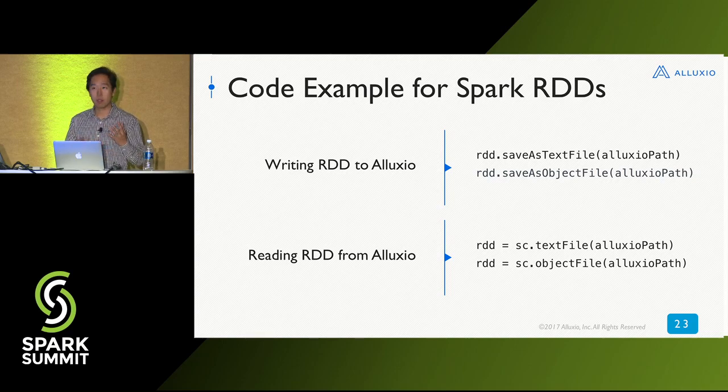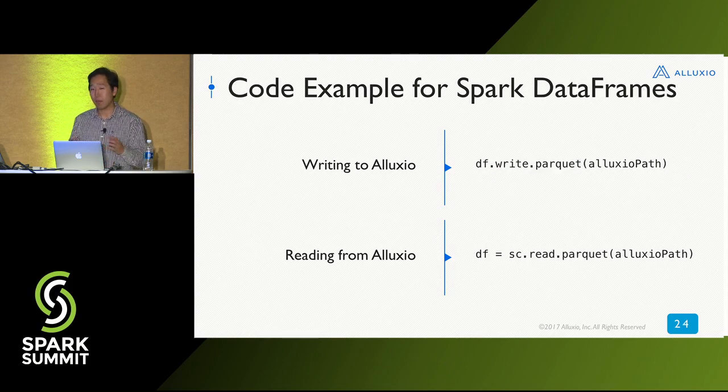In the RDD APIs, if you want to write an RDD to Alluxio, you can do RDD saveAsTextFile or saveAsObjectFile, and you can write it into an Alluxio path, and the rest will just happen. For reading, it's the same thing. You point to the path in Alluxio, and you can either read as text file or read as object file, and load it into an RDD. In the same way, in the DataFrame API, you can do the same thing.